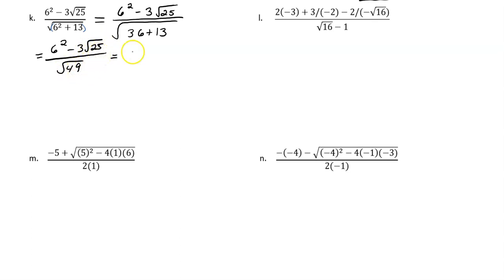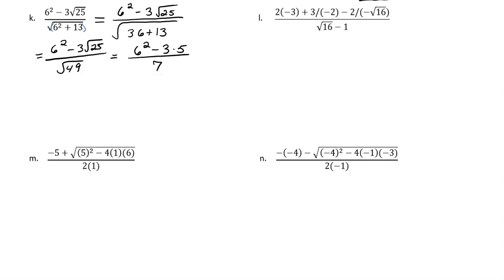In fact, both of these, we can do this at the same time, are now a single value inside, right? So I can apply my square root idea. And in my numerator, square root of 25. So what number multiplied by itself gives me 25? Well, that number is 5. Then in my denominator, square root of 49. What number multiplied by itself gives me 49? Well, that's simply a 7.